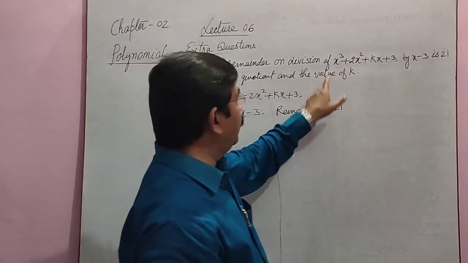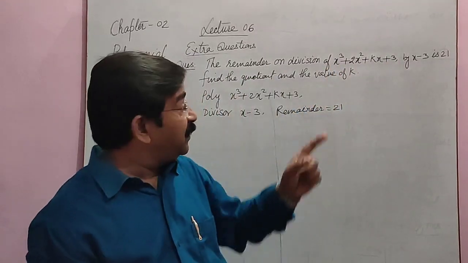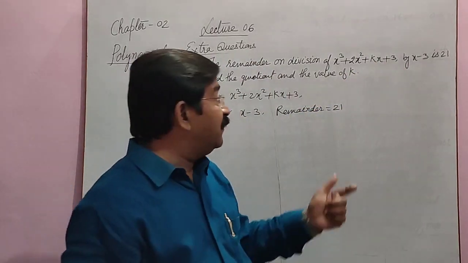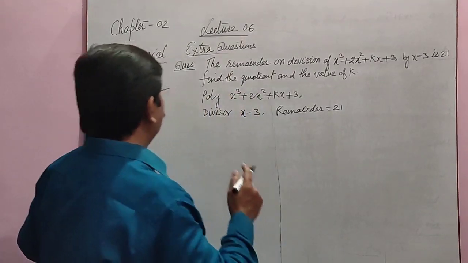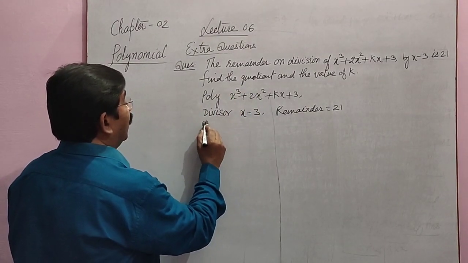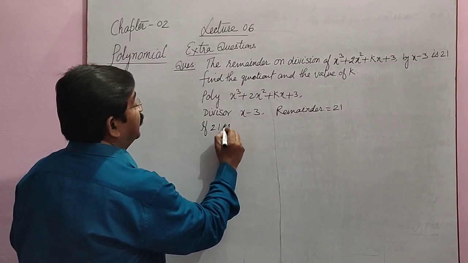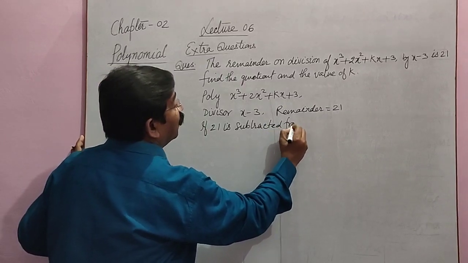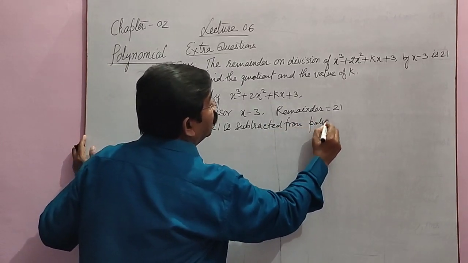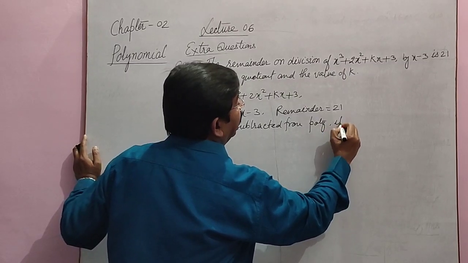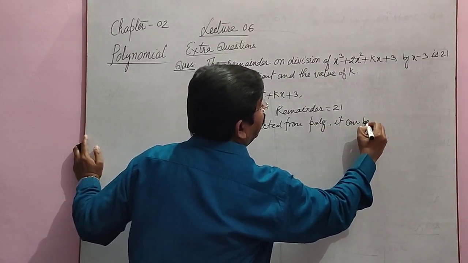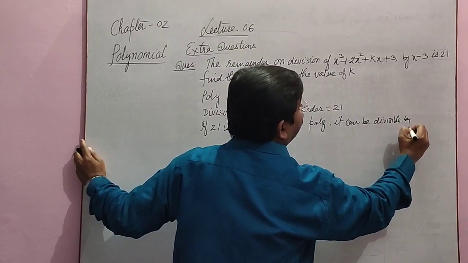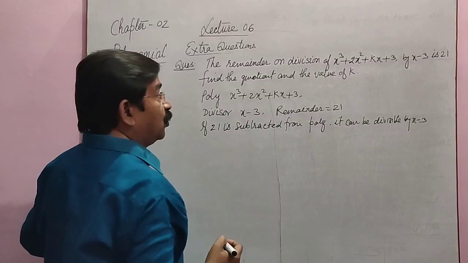If we subtract that remainder from the polynomial, it can be divisible by x minus 3. So I am writing, if 21 is subtracted from polynomial, it can be divisible by x minus 3. So let's subtract.